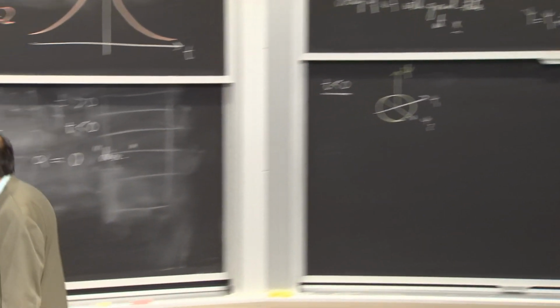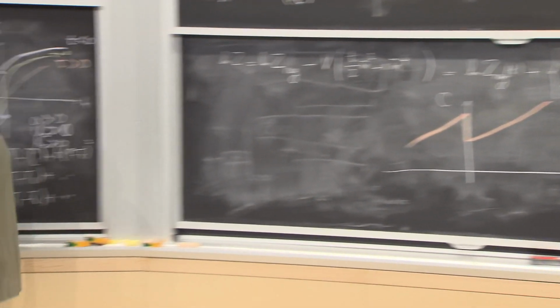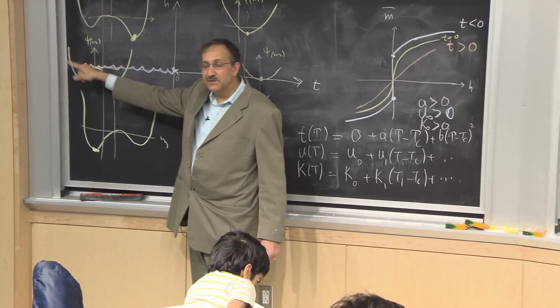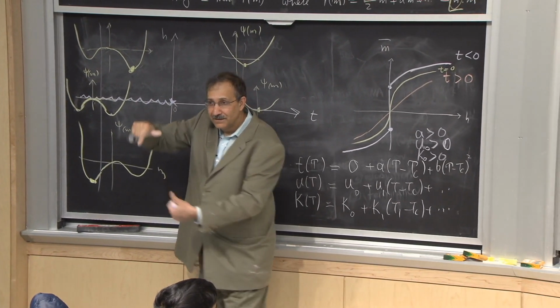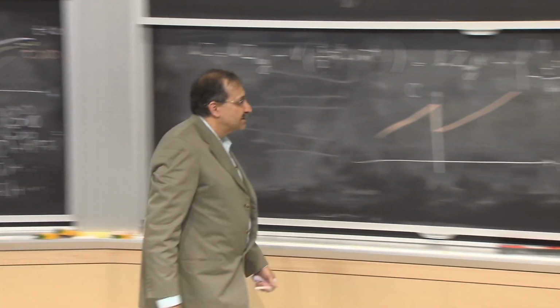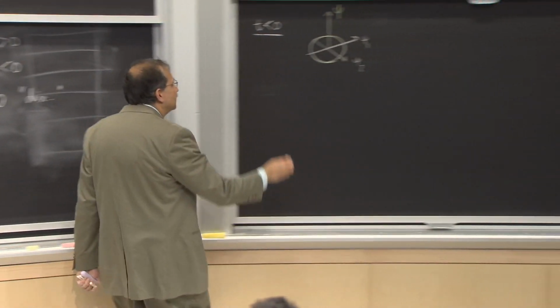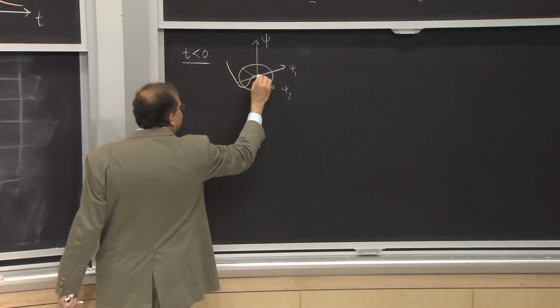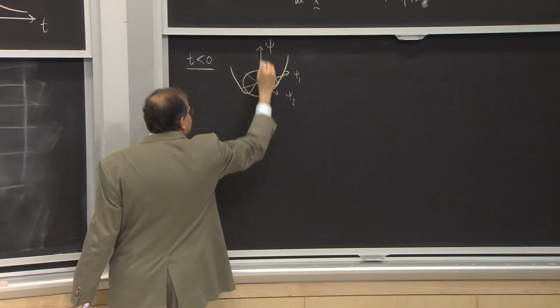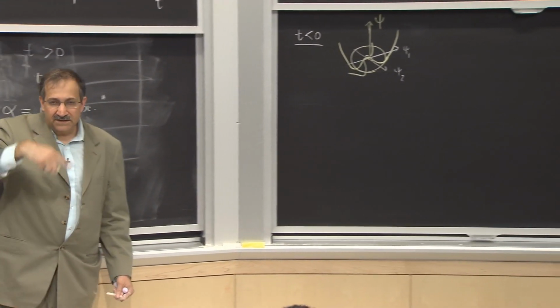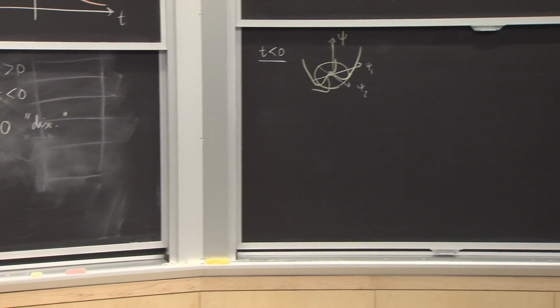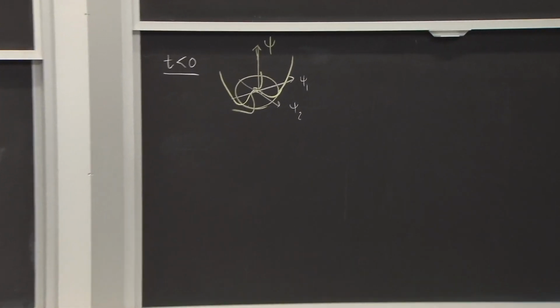So basically, take this picture that we have over here that corresponds to essentially one direction and rotate it. And what you will get is what is sometimes called the wine bottle type of shape, or the Mexican hat potential, or whatever. But essentially, it means that there is a ring of possible ground states.